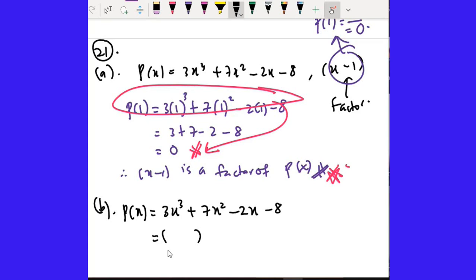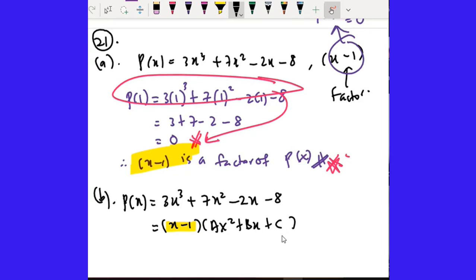The first linear factor: x minus 1. Yes, x minus 1, confirmed. This is one of the linear factors. Then the next step should be what? In the form linear, constant, linear or quadratic? Quadratic. Quadratic, yeah. Good, quadratic.